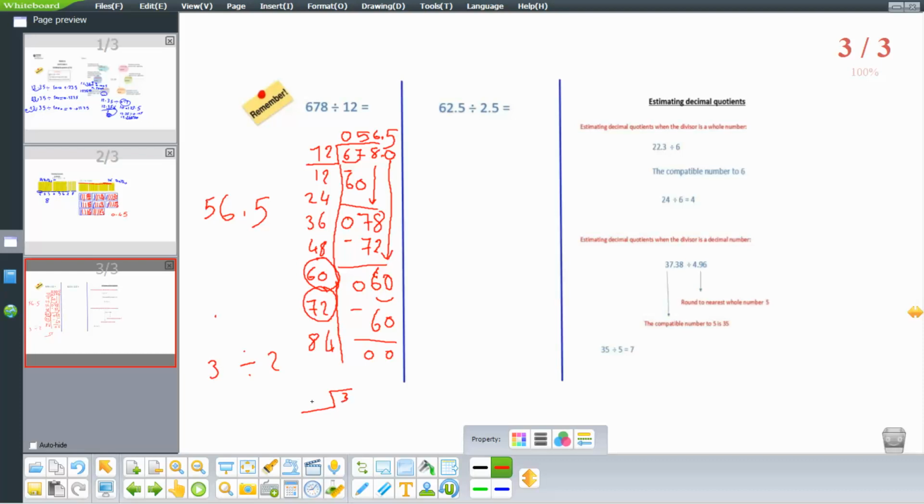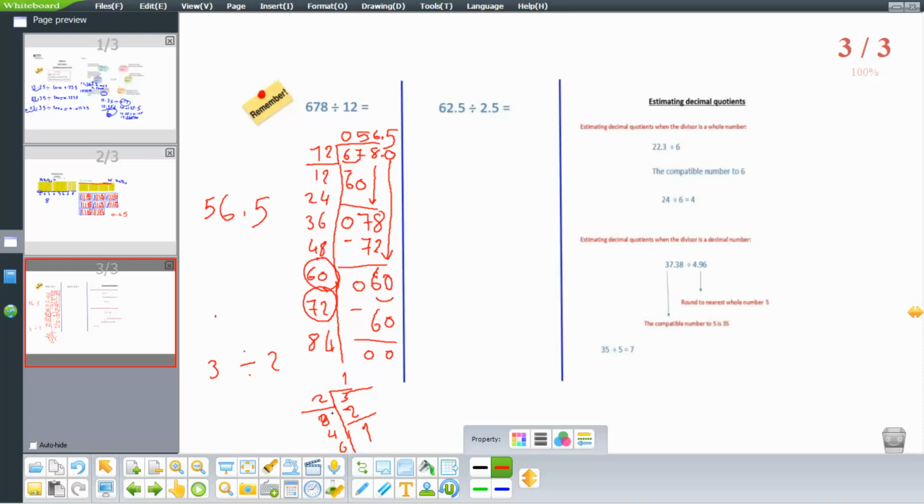It will be 3 and 2, and the table of 2 is 2, 4, 6, and so on. Let's complete 3 divided by 2. The closest number here is 2, so it will be 1. Here we put 2 and subtract 3 minus 2, which is 1.